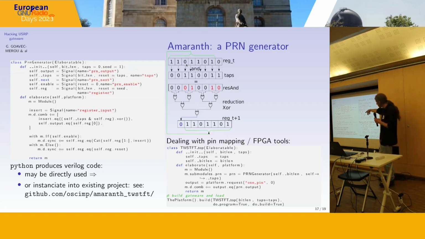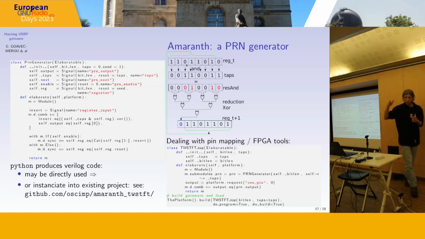The next section is a test using m.If, the module if, to test the enable signal to allow or not the generation of the PRN. If enable is high, we use the m.d.sync domain, synchronous using a clock signal, to update the register, which is now equal to the concatenation of the current state of the register shifted by 1.